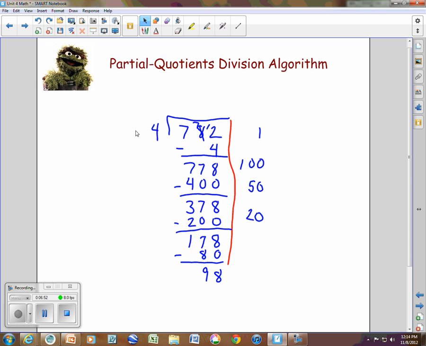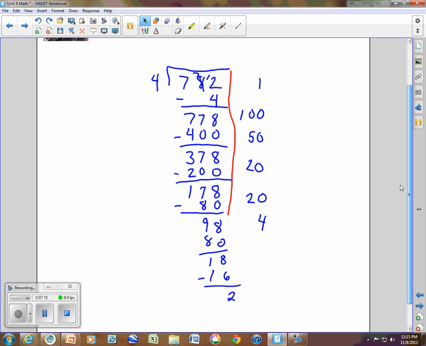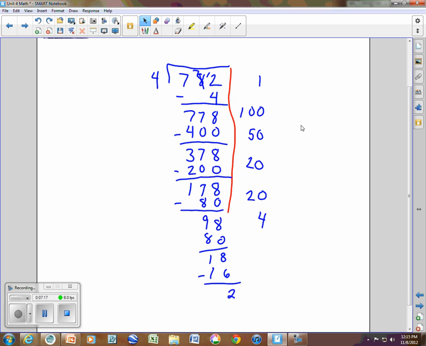And I recognize that. And I said, well, why not another chunk of 20? Since that was 80, and I have enough to make another chunk of 20. Took another 80 away. That left me with 18. Now, this is a very simple division problem. 18 divided by 4. I know that 18 divided by 4 is 4. So 4 times 4 is 16. And when I subtracted them, I got the remainder of 2.